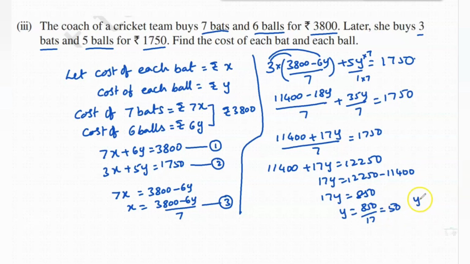So the y value we got is 50. Y is the cost of each ball. Now we need to find the cost of each bat. So let us take equation 3 and find the x value.